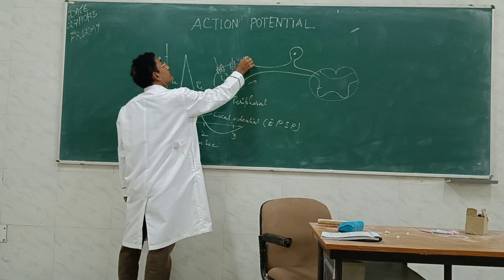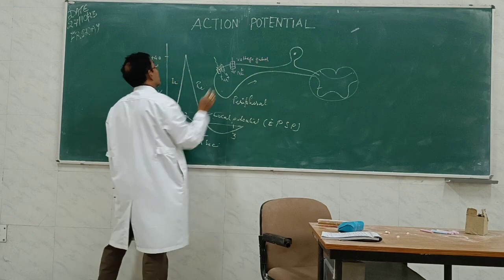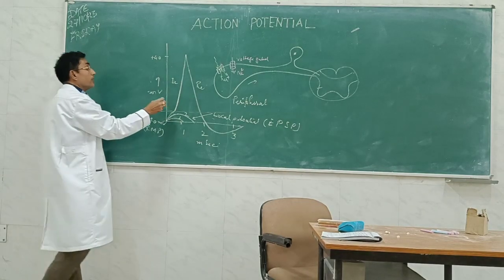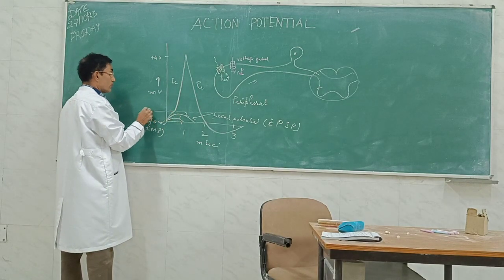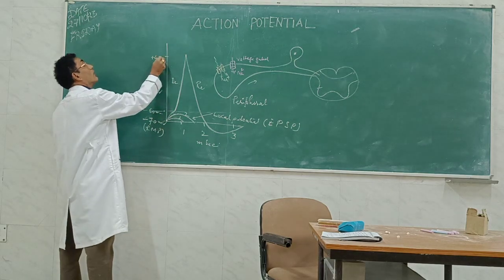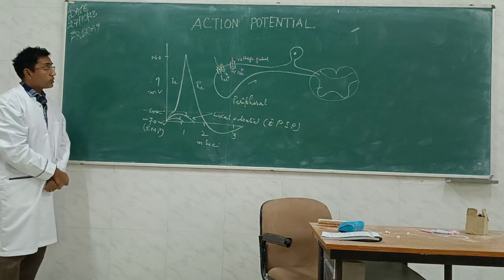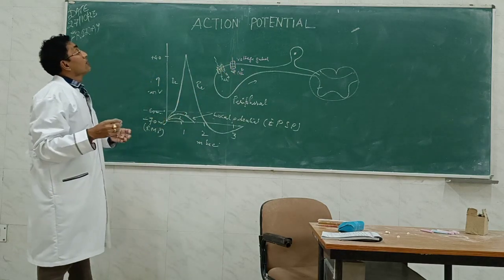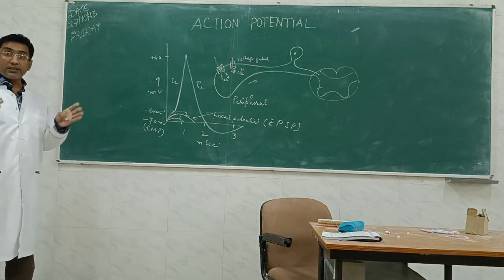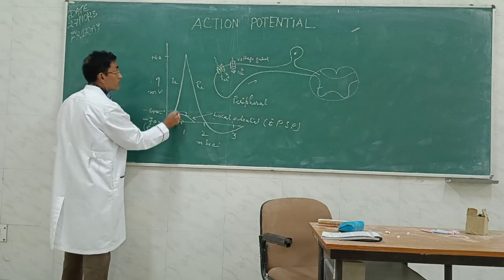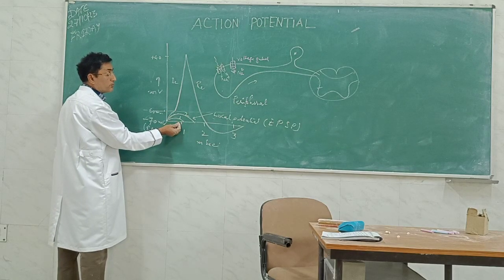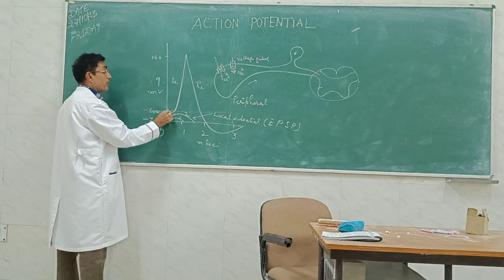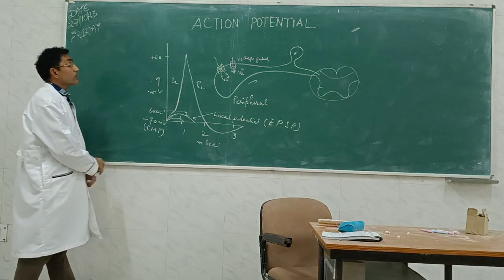This voltage gated sodium channel will help bring the potential from minus 60 millivolt up to plus 40 millivolt. Constantly there will be an entry of sodium ion through the voltage gated sodium channel. That entry will be so fast. You can see from this graph, within less than 1 millisecond, we can change the potential from minus 60 millivolt to plus 40 millivolt.